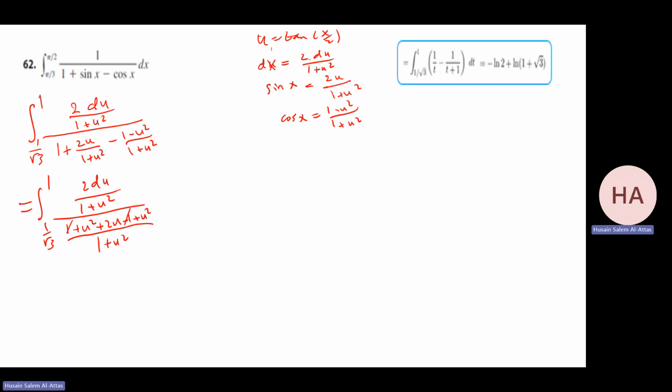The 1 cancelled with 1, and this one cancelled, and I have 2 du over 2u square plus 2u. 2 cancelled with 2, du over u plus 1. Okay, that's it.